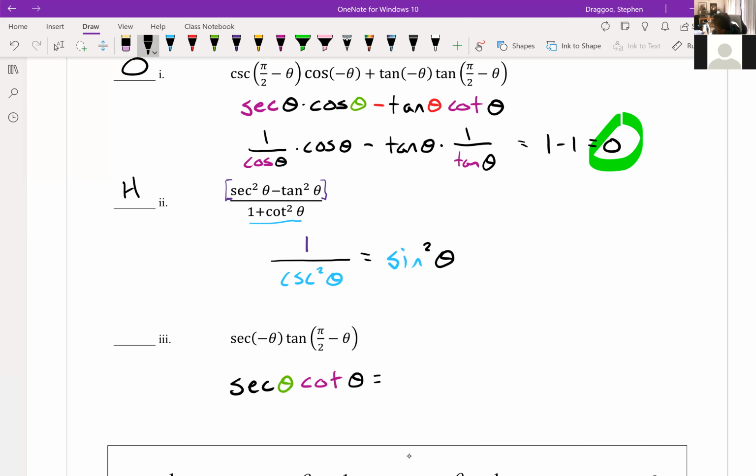If we then rewrite some of this stuff, secant is 1 over cosine. Cotangent is cosine over sine. Keep our colors going. Cosine over sine is cotangent. So those cosines should reduce with one another.